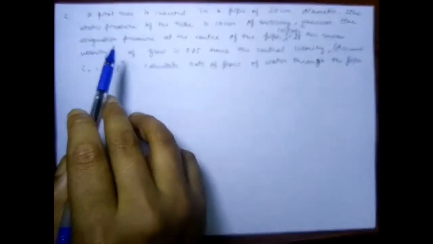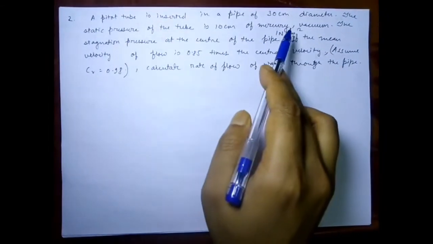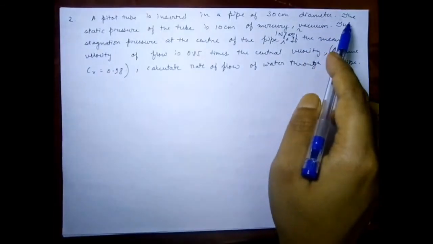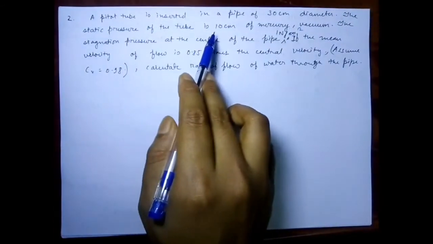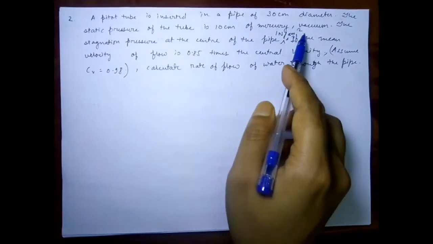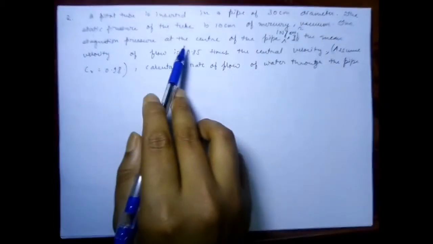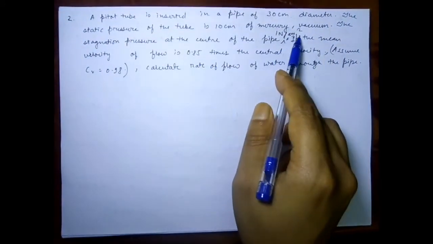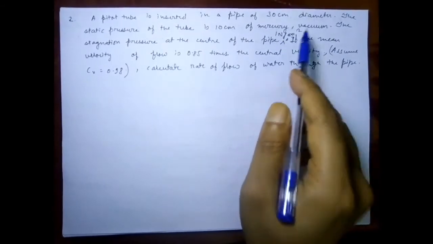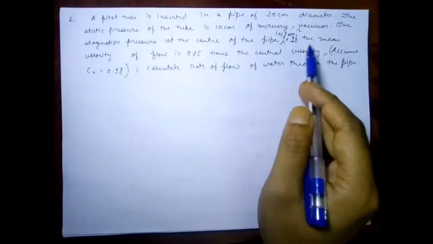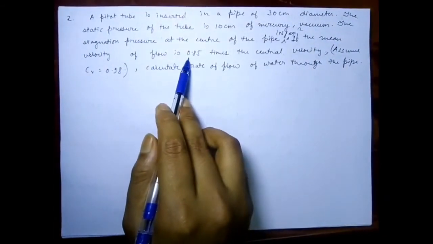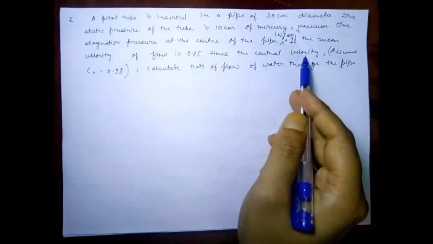So in this question it is given that a pitot tube is inserted in a pipe of 30 cm diameter. The static pressure of the tube is 10 cm of mercury, vacuum. The stagnation pressure at the center of the pipe is 1 Newton per centimeter square. Make a note: the mean velocity of the flow is 0.85 times the central velocity.